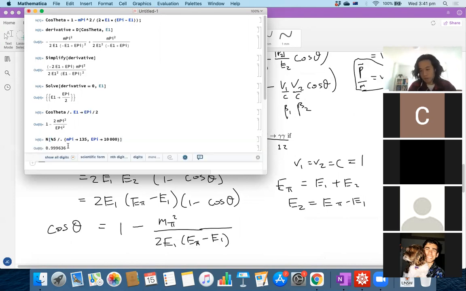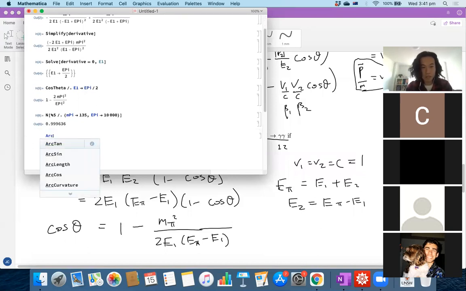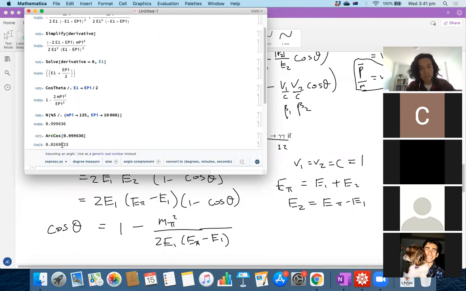Cool. Okay, so the maximum cos theta is 0.999636. But then I want the maximum angle, so I want to invert the cos. So the maximum angle is 0.02698, or 0.027.